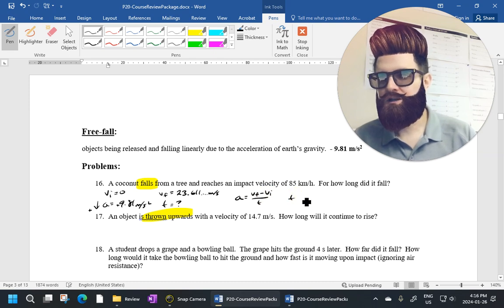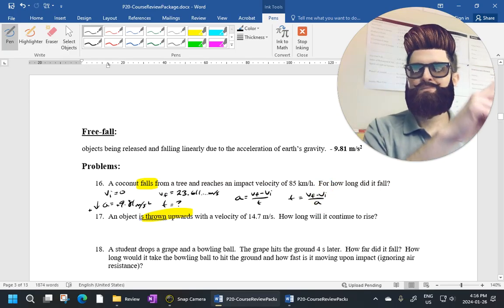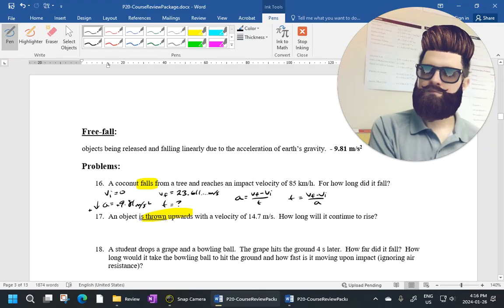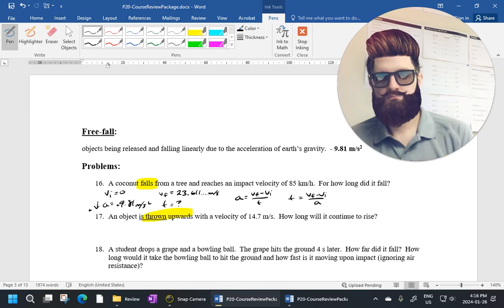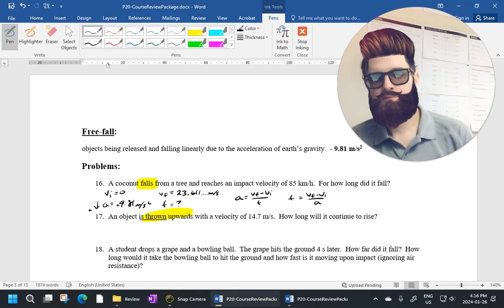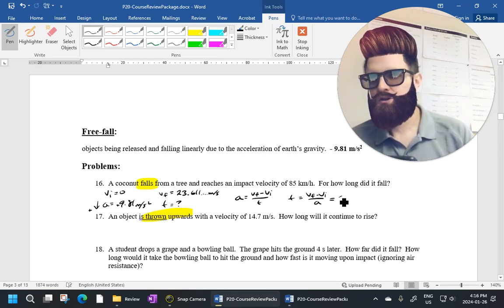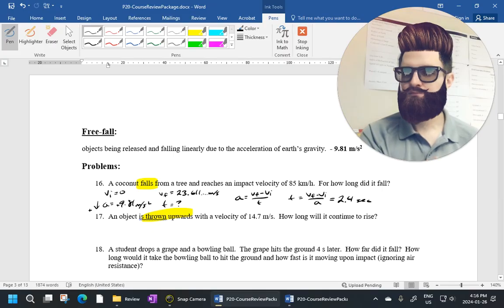And we're going to do a little rearranging to get time. So VF minus VI divided by A. So I'm going to times the t up, divide the A down. Okay, final minus initial divided by 9.81. 2.4, that's it, 2.4 seconds to fall to the ground.